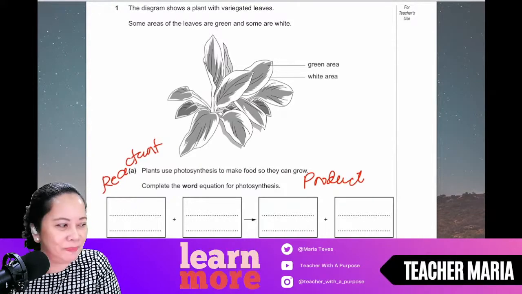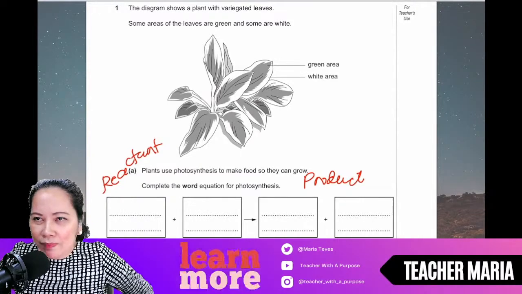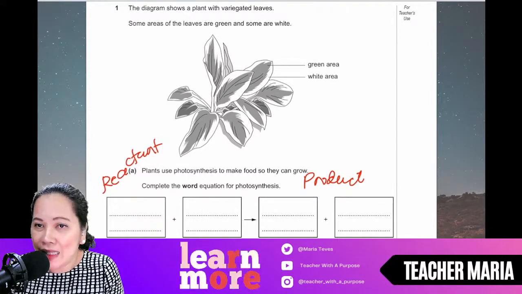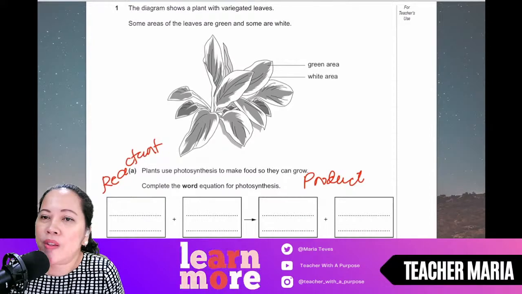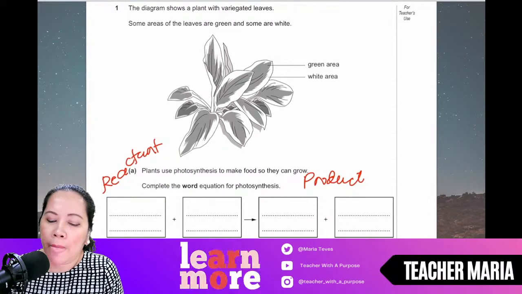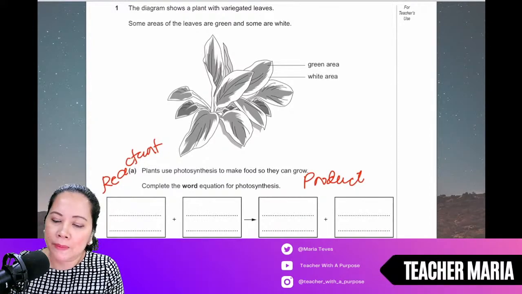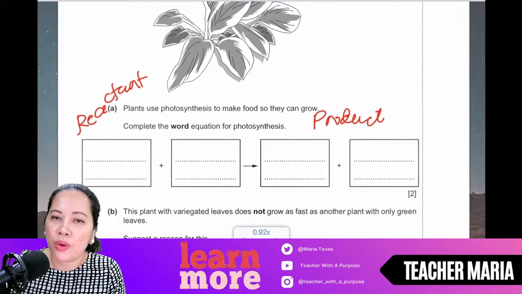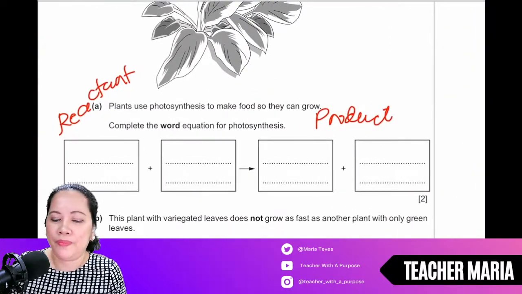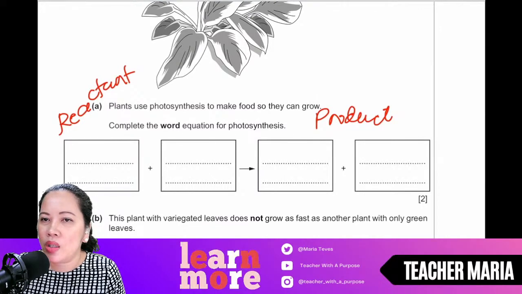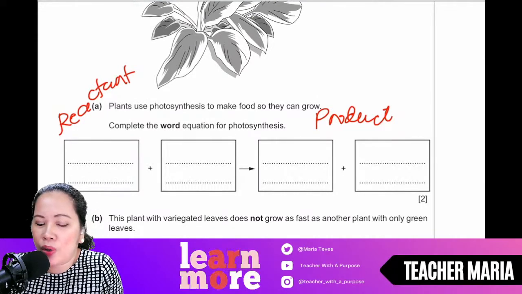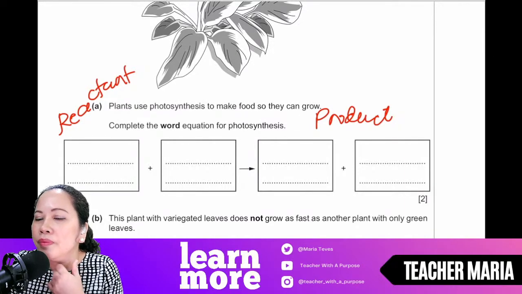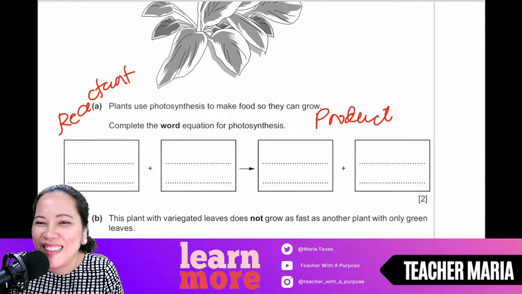Anyone? Who wants to try? Plants use photosynthesis to make food. You're asked to complete the word equation for your photosynthesis. Okay? So for your plant to go through photosynthesis, the first one, what do we need?